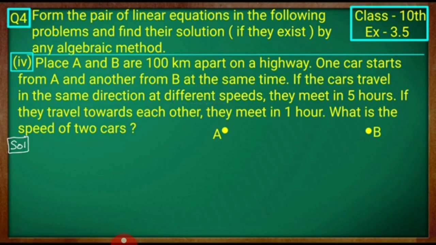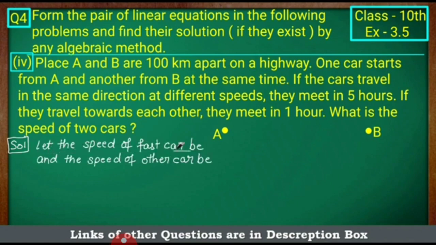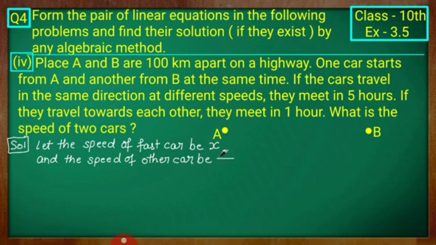So here are two cars, car A and car B. Let the speed of the fast car be x and the speed of the other car be y.